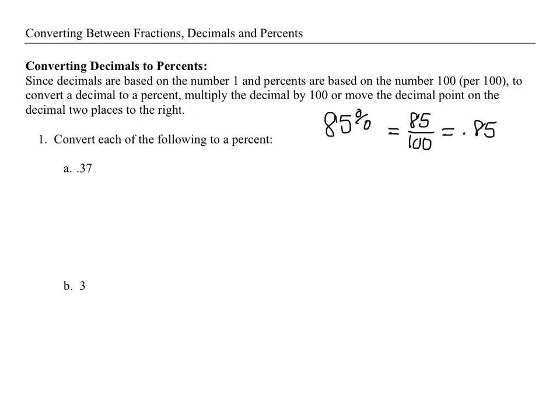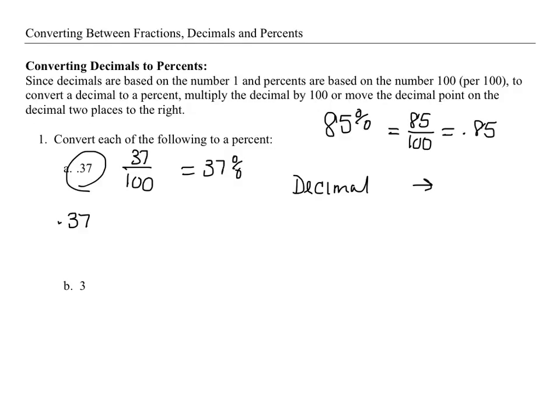All right, so we're going to go for it. The first thing we're going to do is convert this decimal to a percent. This is really 37 over 100, or 37 hundredths, okay? So that means it's 37%. So in order to convert a decimal to a percent, you're going to multiply the decimal by 100 to get the percent.